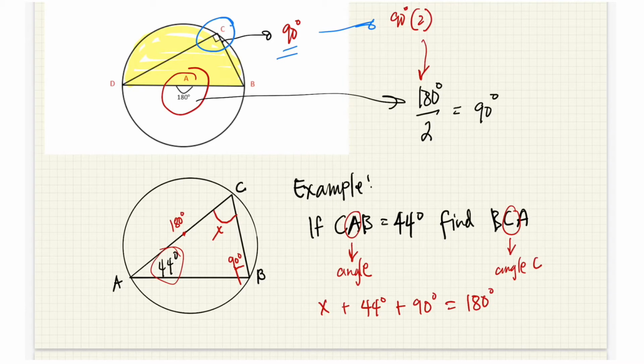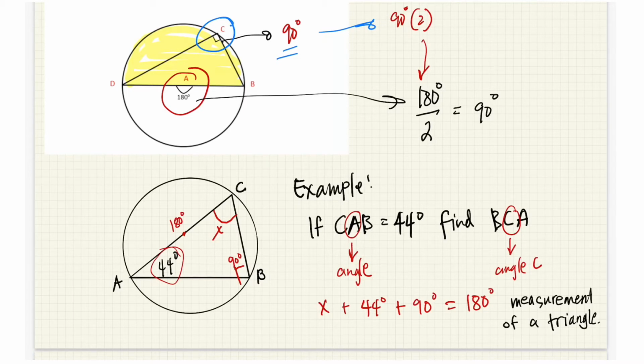This 180 is the sum of the angles of a triangle. So 44 plus 90 is equal to 134.